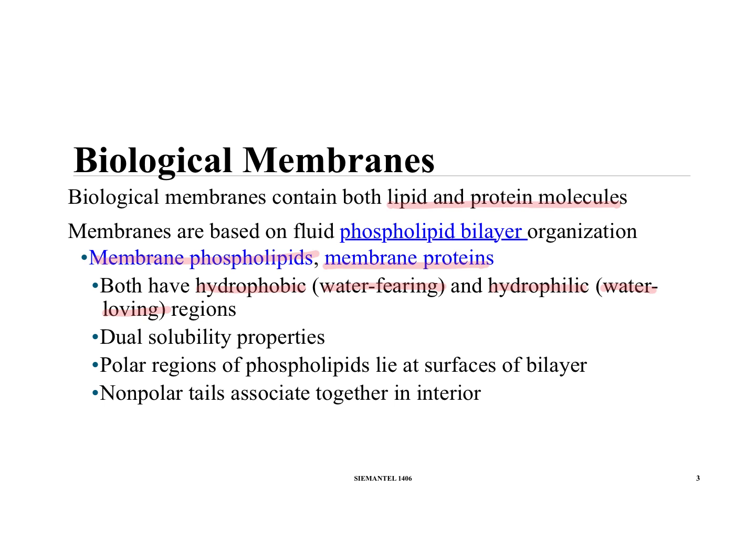So the polar regions of the phospholipids, the regions that like the water, can be found on the surface of the bilayer. The surface leading to the external environment of the cell, but also the surface leading to the internal environment of the cell. Because don't forget, it's a double layer.